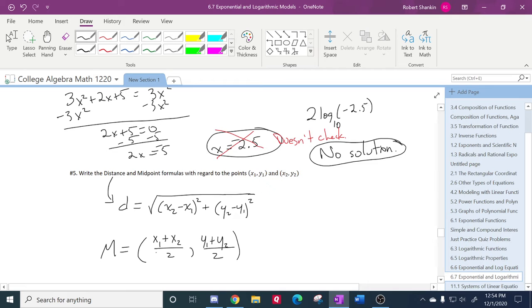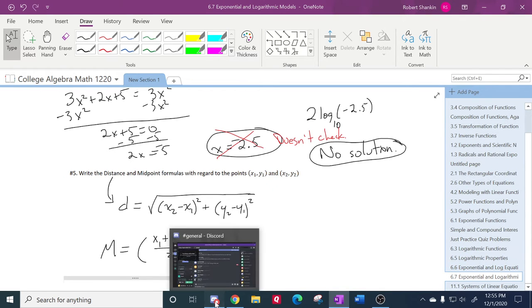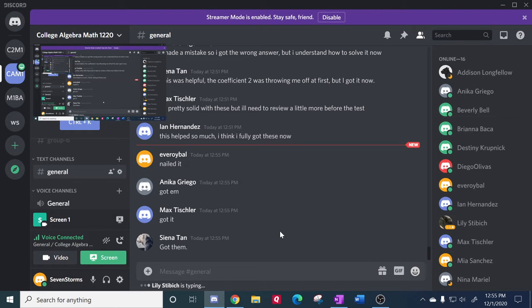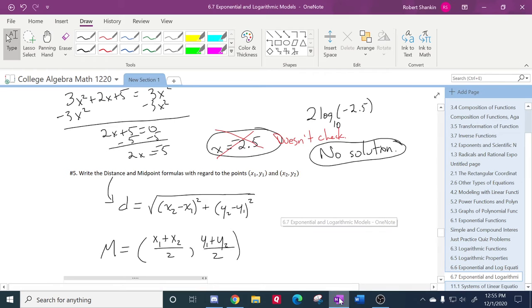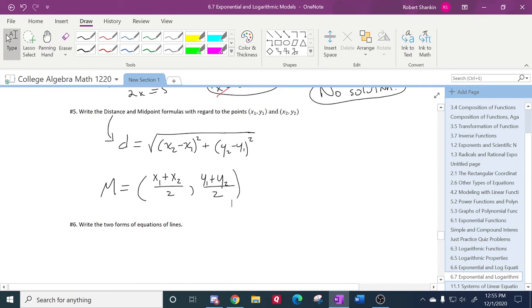Give me a little feedback on your recollection of those formulas. Number 6, write the two forms of equations of lines.